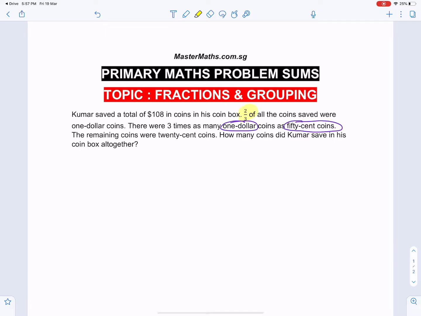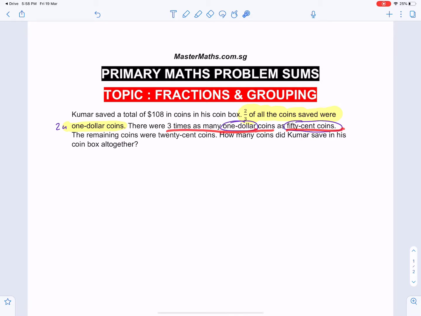This particular statement: 2/3 of the coins saved were $1 coins. Which means that the $1 coin from this highlighted statement is actually 2 units. Which is a problem for us because the next statement tells us that there were 3 times as many $1 coins as 50-cent coins.